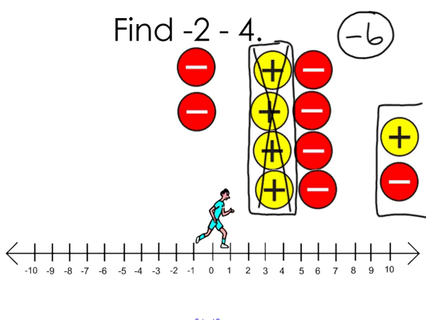Okay, let's look at what that looks like in case you like the number line a little bit more. We're going to start at negative 2, so integer man's going to start right here, and we're going to take away 4. So just like you're used to, subtract 4, the number's going to get smaller, so integer man's going to move to the left 4 spaces, 1, 2, 3, 4, and he's also going to end up at negative 6.